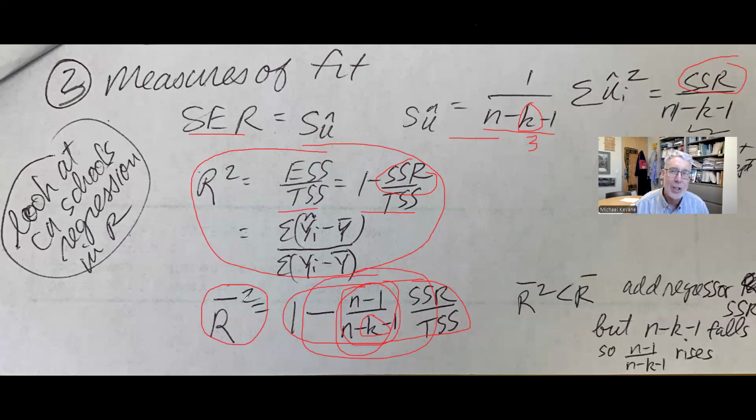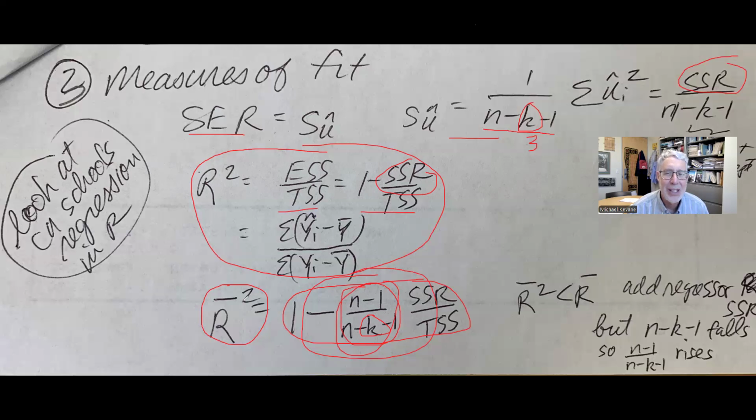So adjusted R squared will go down instead of up if you add a new variable that has very little explanatory power. R squared will always go up, but adjusted R squared could go down. So it's a goodness of fit measure that penalizes you for adding variables that shouldn't really be in the regression.